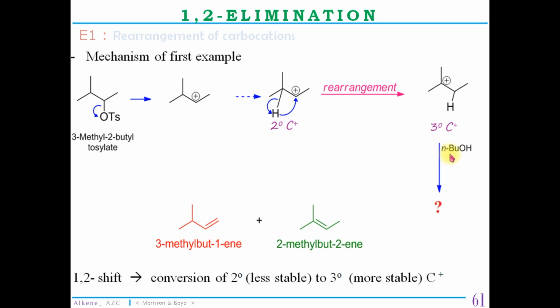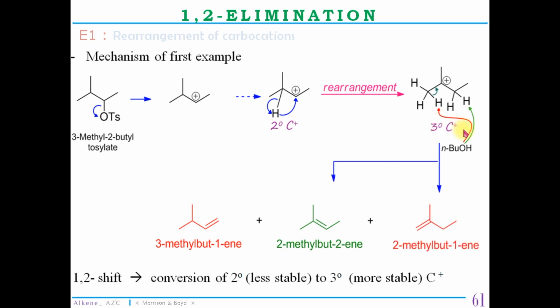As the base is there in the reaction mixture, here we have two beta carbons and here is the third beta carbon. So our base has a choice: either it abstracts hydrogen from these primary carbons or hydrogen from this secondary carbon. So here also we get two types of product, where abstraction of hydrogen from the secondary carbon gives 2-methyl butene, and abstraction of hydrogen from the primary carbon gives 2-methyl butene.